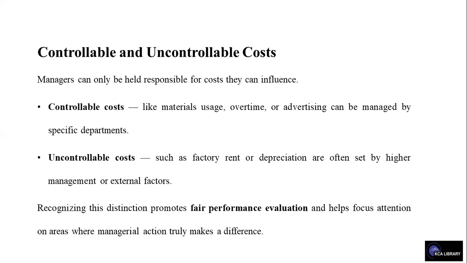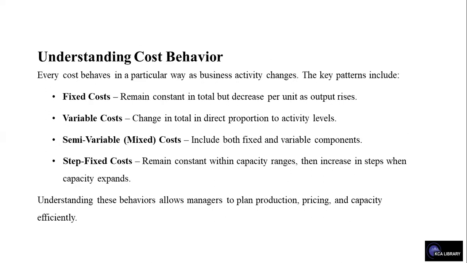And we have the uncontrollable costs, such as factory rent or depreciation, that are often set by higher management or external factors. Recognizing this distinction promotes fair performance evaluation and helps focus attention on areas where managerial actions truly make a difference.